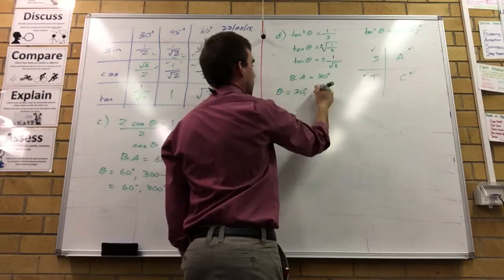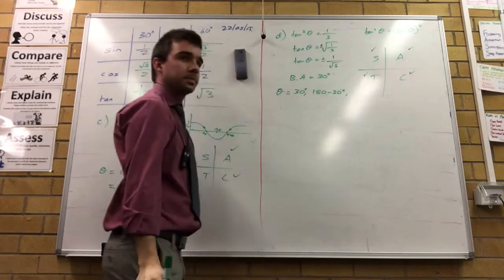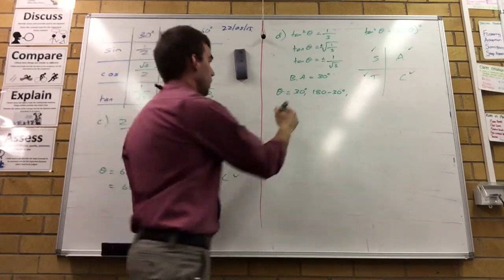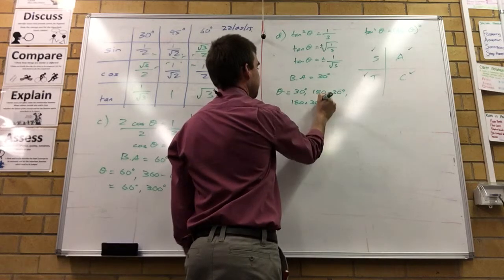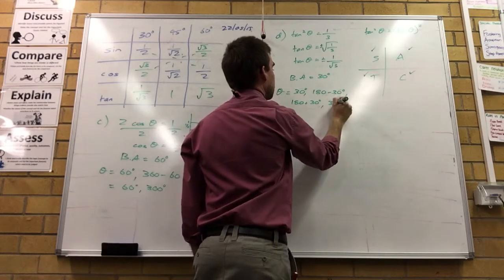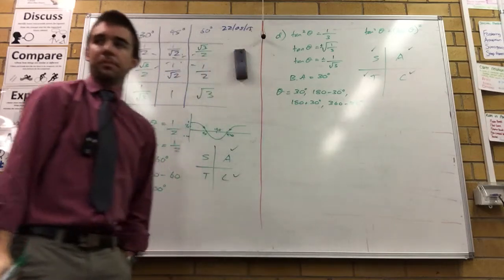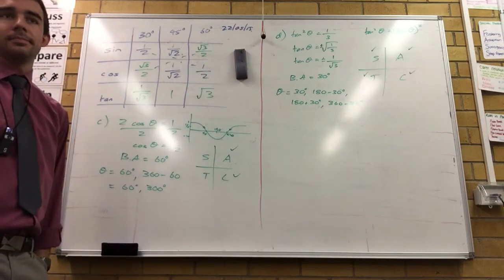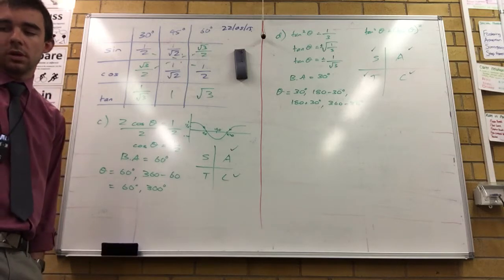An angle in the second quadrant is 180 take away the basic angle. An angle in the third quadrant is 180 plus the basic angle. An angle in the fourth quadrant is 360 take away that basic angle. And that came from deriving those results.